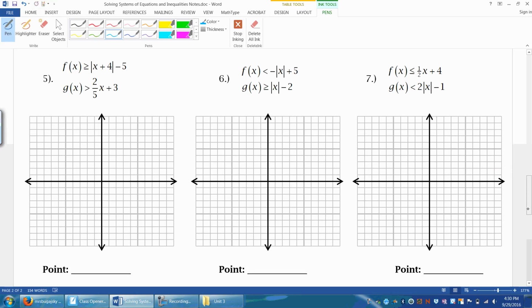When I go to solve a system of inequalities, I'm going to be shading. So for the first one, it's an absolute value, so it's going to be a V. It will move to the left 4 spaces and down 5 spaces. The multiplier out in front is the invisible 1, so up 1 over 1 on both sides.